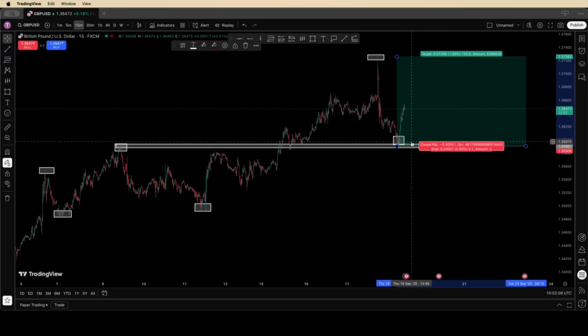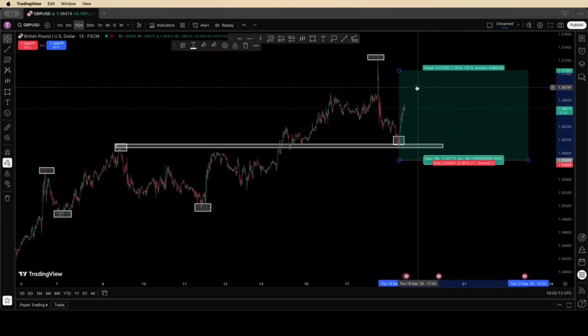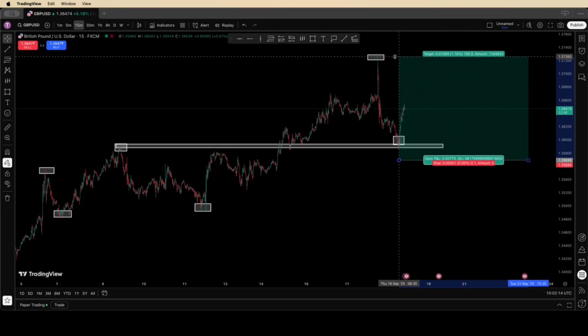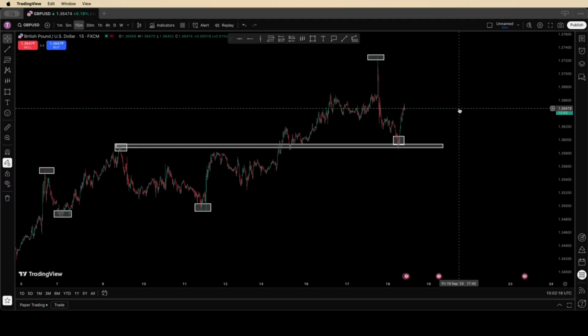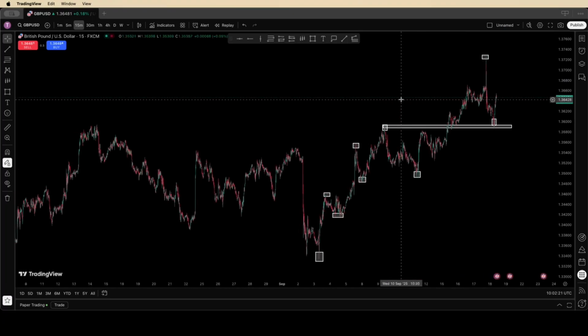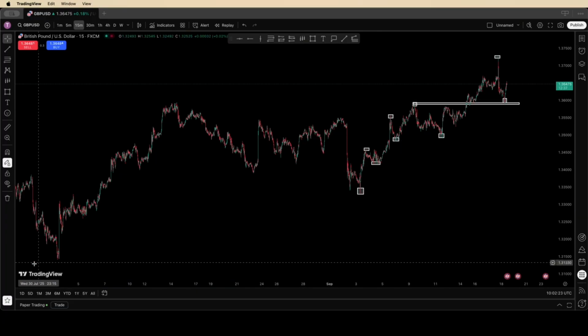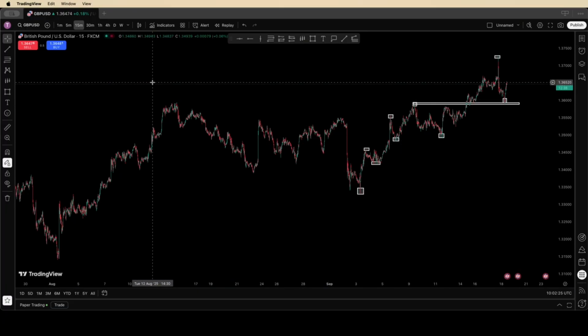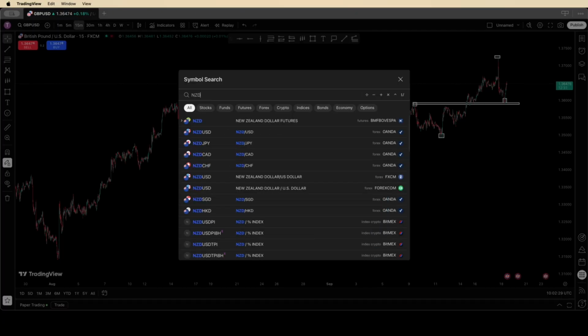So let's say it goes down a bit more, you can take a lower price and get a better risk reward. But this is just a beginner strategy where you can test it out and see how it works. Okay, so let's see another chart. Let's see NZD CAD.